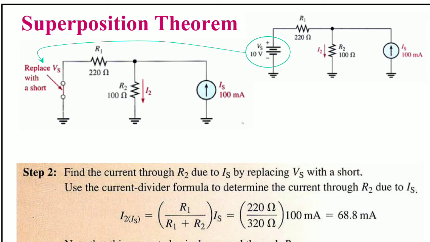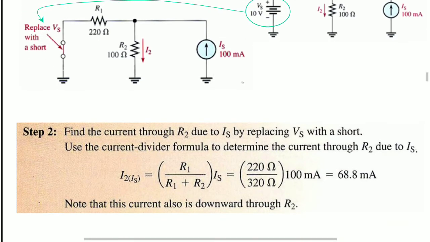Now for case 2, replace Vs with a short. Here Vs is 0, and the only active source present in the circuit is the current source Is, which is 100 milliamps. This current of 100 milliamps is divided between 220 ohms and 100 ohms.